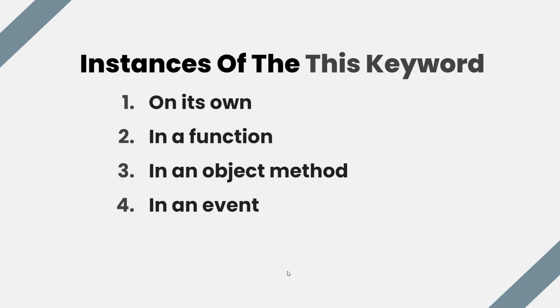It's just going to appear on its own. And we all know that anything that appears on its own in JavaScript mostly carries the global scope. By global scope, that means you can use it anywhere in your JavaScript file.